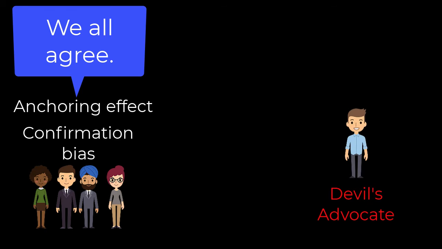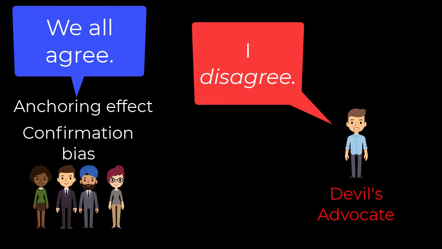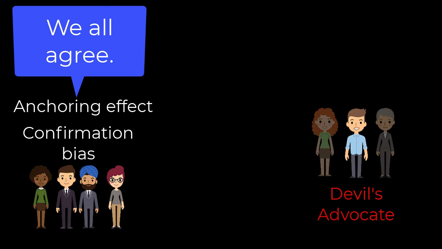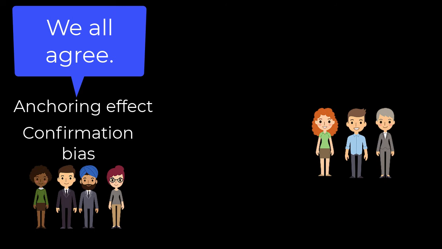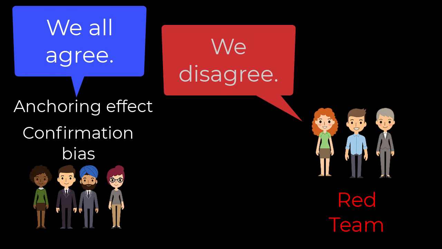So one technique that organisations employ to combat these 2 biases in particular is to introduce a devil's advocate, someone who takes the alternative point of view and who forces the team to take that alternative seriously. In some organisations, a team is assigned to this task called the red team. The red team's job is to poke holes, focus on the downsides, criticise and identify flaws.